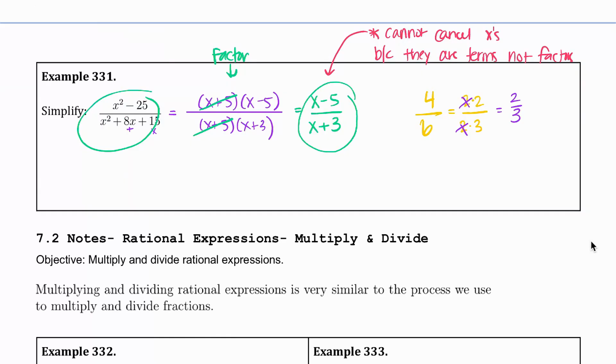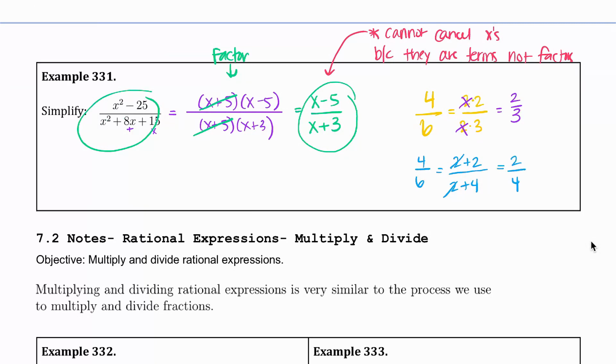Let me show you what this looks like if we try to cancel some terms. All right, so if I have 4/6, I could rewrite 4 as 2 plus 2. I could rewrite 6 as 2 plus 4. Okay, so if we try to cancel terms, here's what happens. The 2 and the 2, we're going to try to cancel those out.